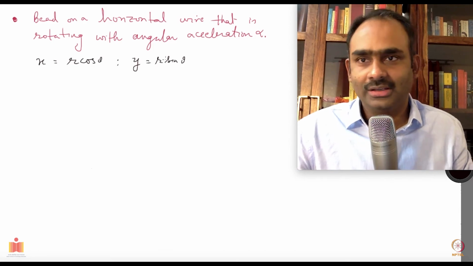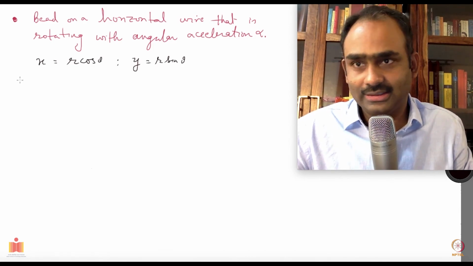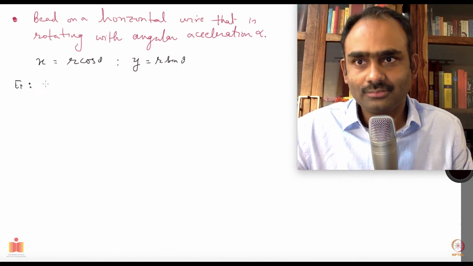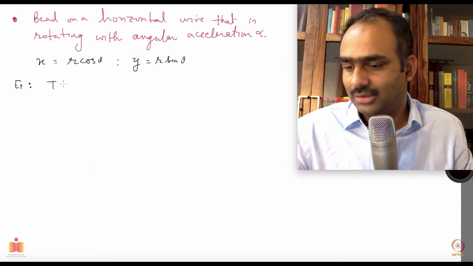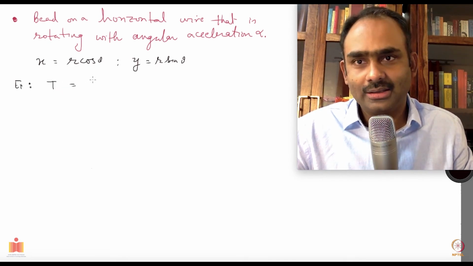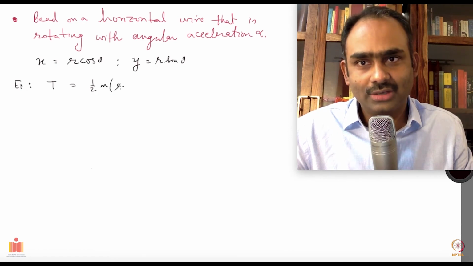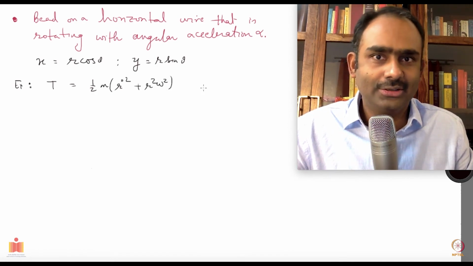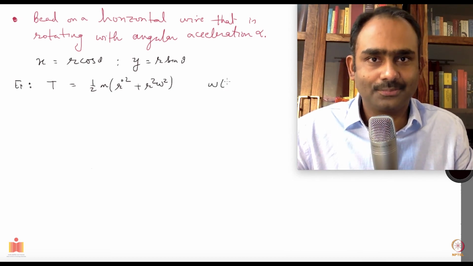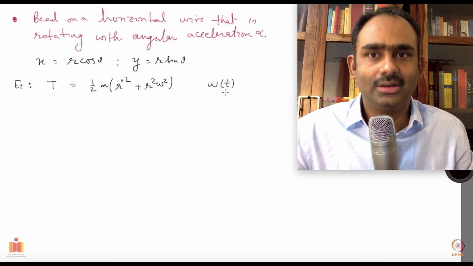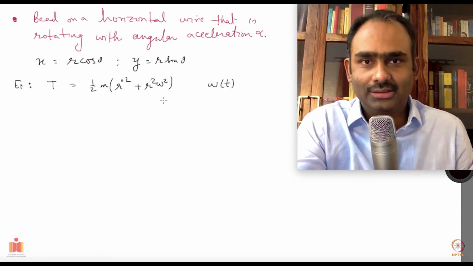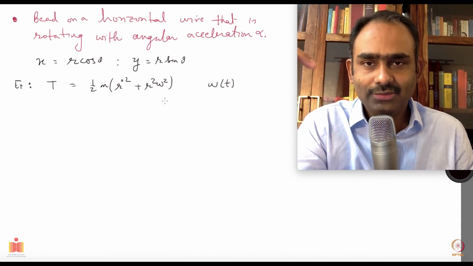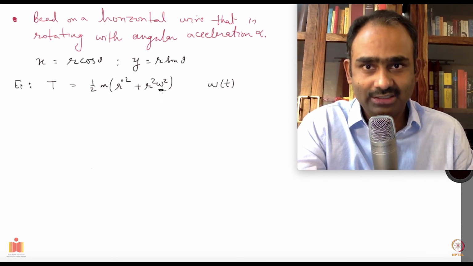Okay, so first you show what the kinetic energy is, and your T will be again the same thing as before. So half m r dot square plus r square omega square. But note, now omega does depend on time. So you have a time dependence which is explicit, because this omega is explicitly depending on time.